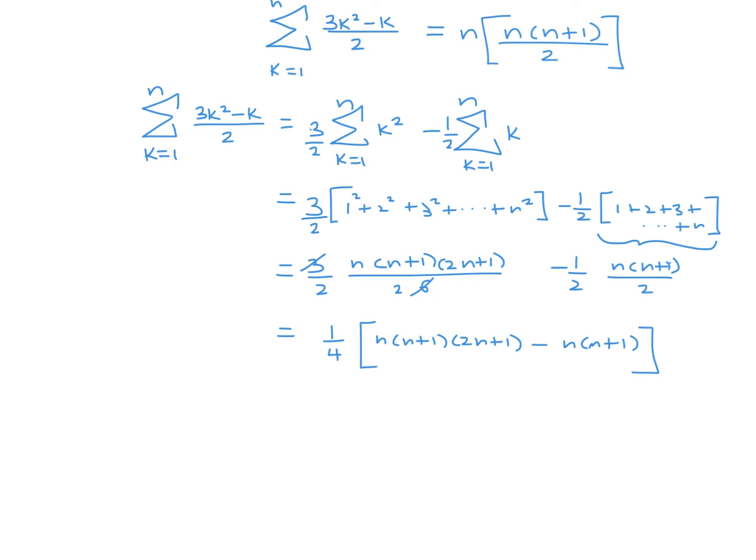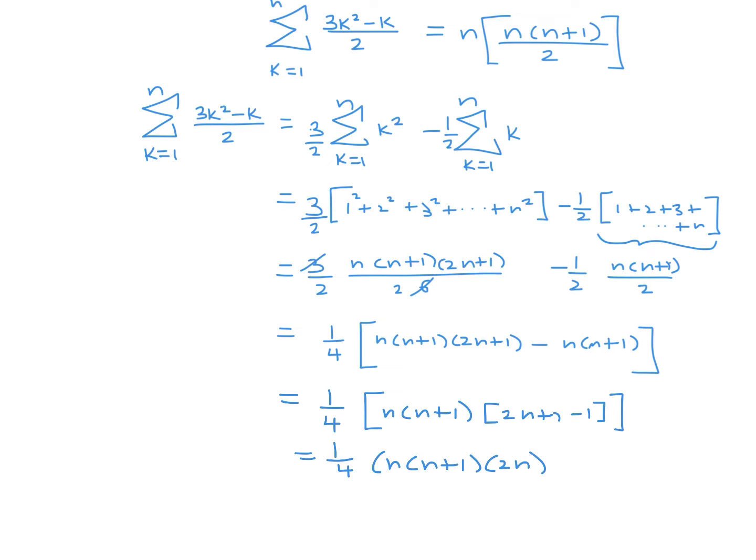Okay, let's see. Now I've got to do all that stuff in the bracket. I can factor out an n times n plus 1. And when I do, I get 2n plus 1 minus 1. So that's going to be a quarter times n plus 1 times 2n. And then the n will cancel, the 2 will cancel with the 4, so we'll just have a half.